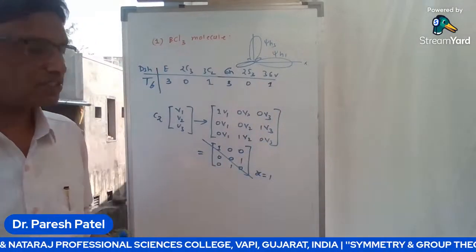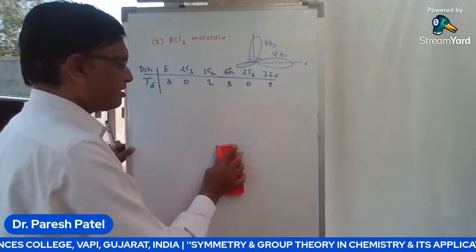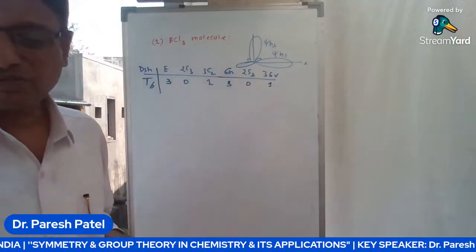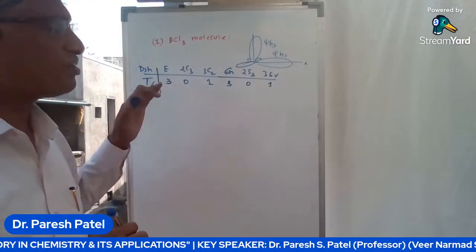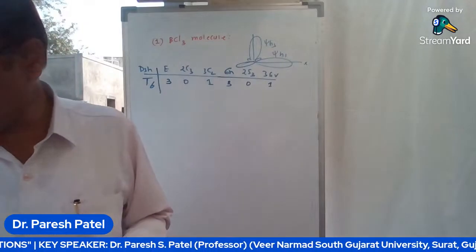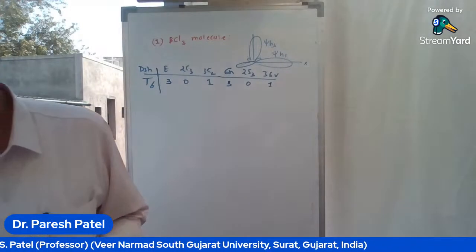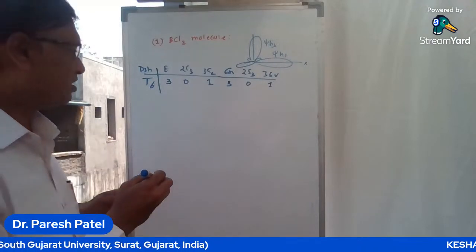So dear students, these are the reducible representations for the sigma bonding in the BCl3 molecule. Now we can reduce this reducible representation into irreducible representations with the help of the character table as well as the relation between reducible and irreducible.